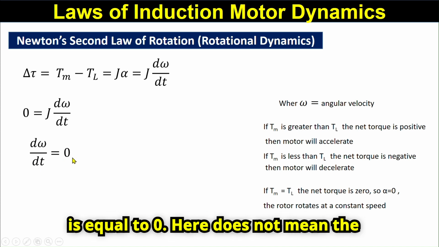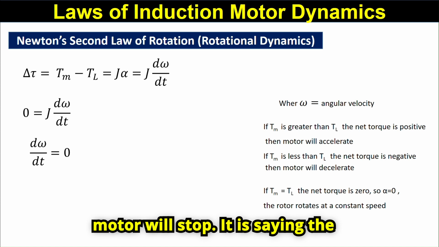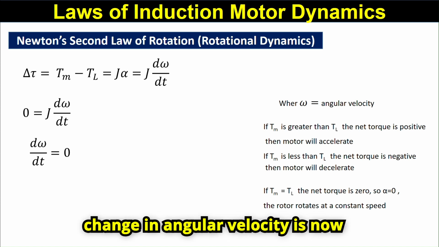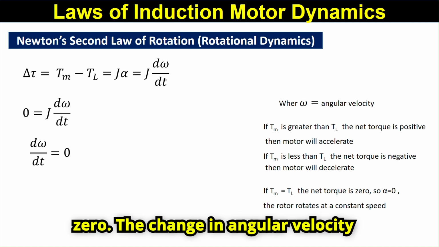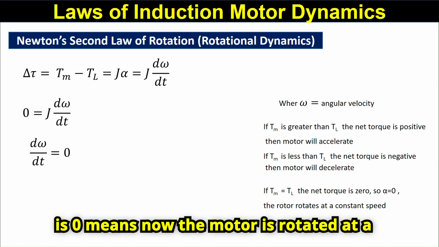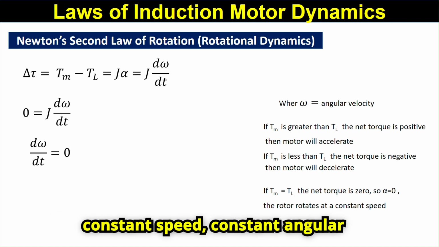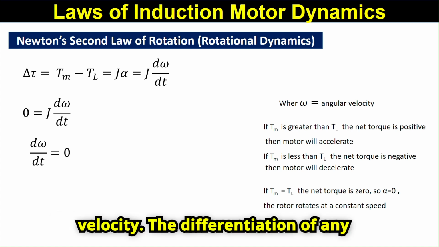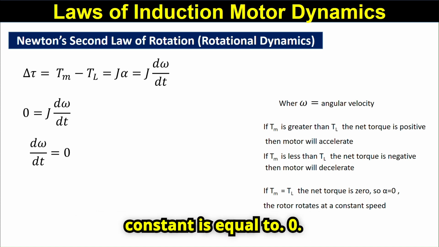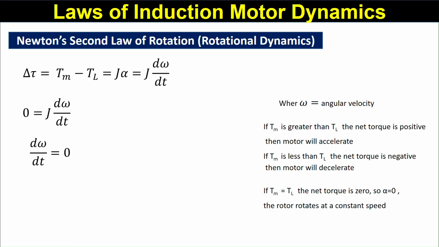Here it does not mean the motor will stop. It is saying the change in angular velocity is now 0. The change in angular velocity being 0 means the motor is now rotating at a constant speed, constant angular velocity.